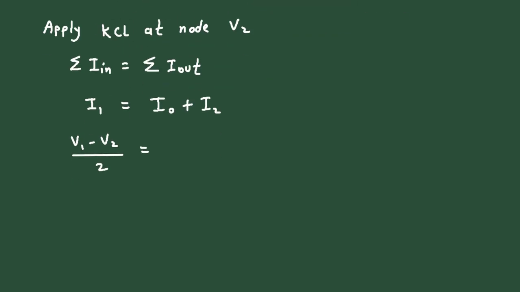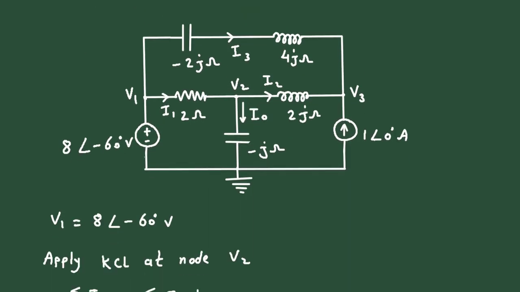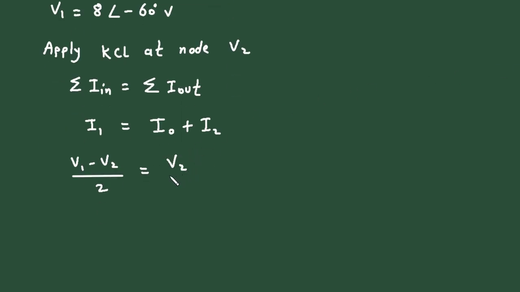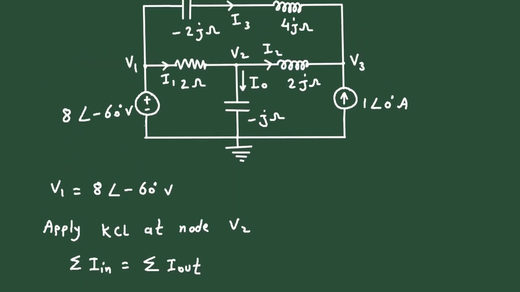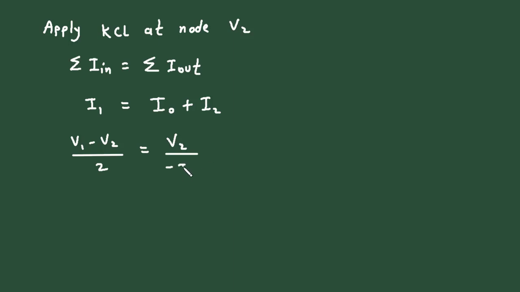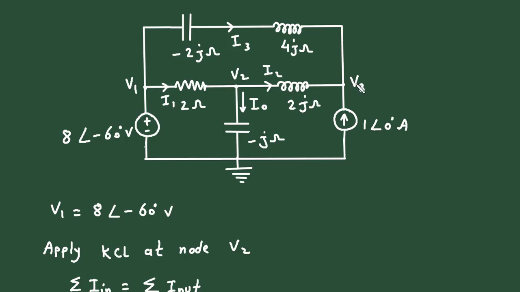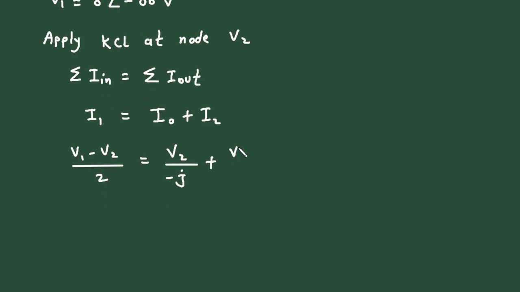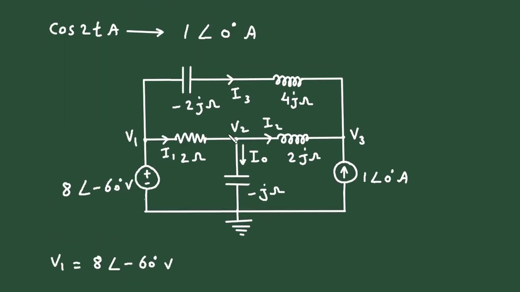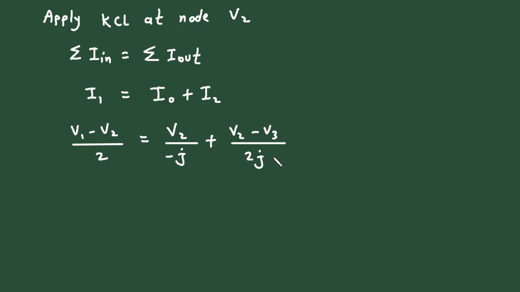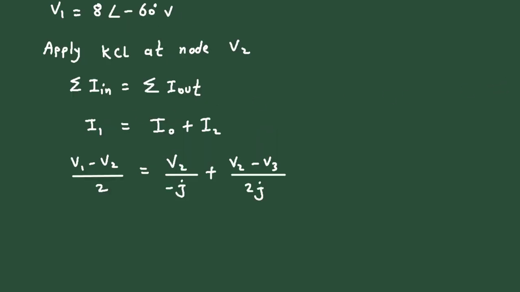Then next this I0 in voltage form will be V2 minus 0 divided by minus j ohm, plus I2. Now I2 is V2 minus V3 divided by 2j ohm. Now we know the value of V1.